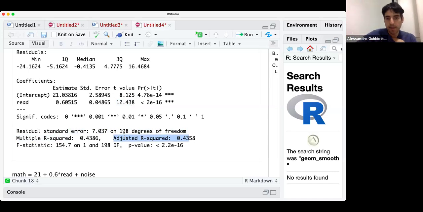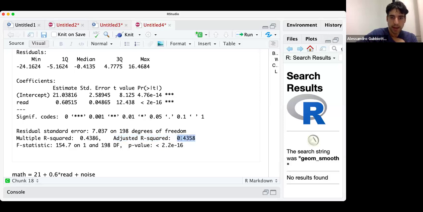Maybe if we add a variable which does not explain anything, it gives you a price to pay in the p-values and in everything. So this adjusted R squared is a way to take that into account.